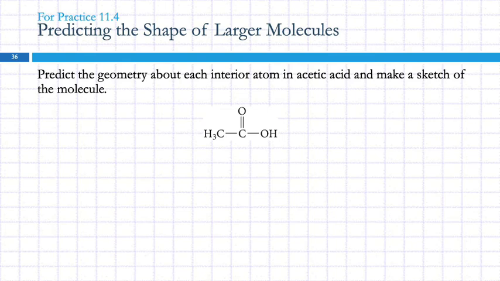So predict the geometry around each interior atom in acetic acid, make a sketch of the molecule. Now, an exam question could ask you what the geometry is around a specific atom. It's just not going to ask you to draw anything.